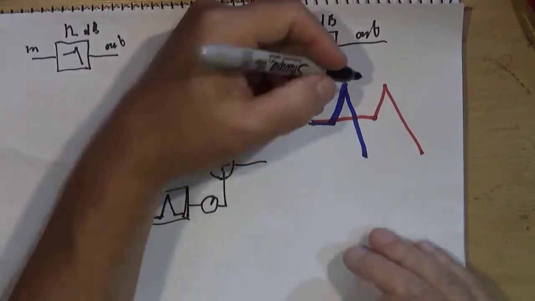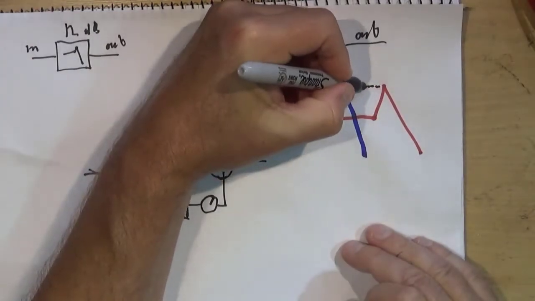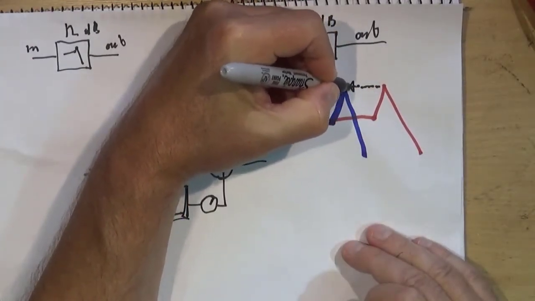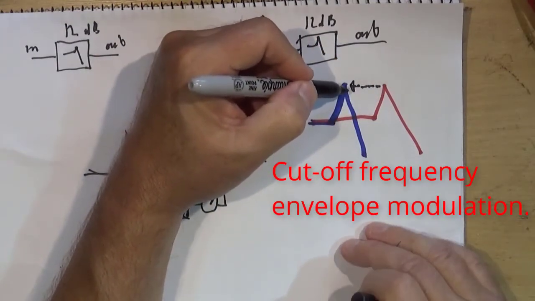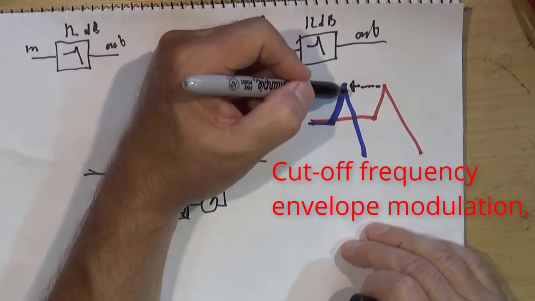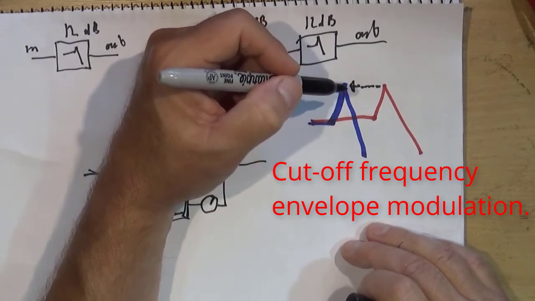And what happens here is the cutoff frequency is being lowered by the envelope, so that gives the traditional synthesizer down, down, down, down sound.